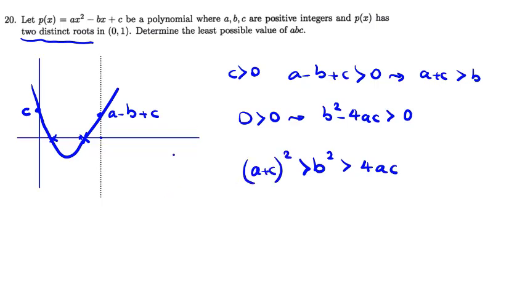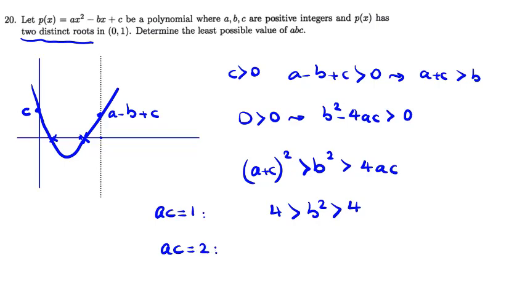So because we want to find the minimum abc, you consider, for example, the case if ac is 1, then a plus c is 2, b squared is greater than 4 and less than 4. We don't have any choice.